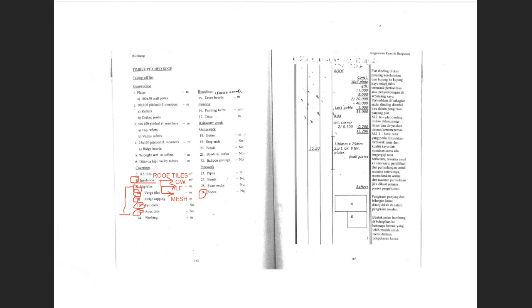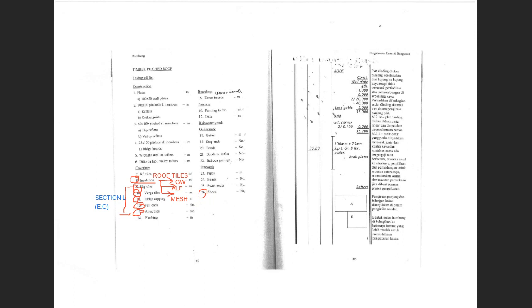You can refer to section L. Okay, but all of this has to be measured as extra over. So please take note and refer to the example. This is a very simplified version of the taking off list. But if you need to prepare your own taking off list according to our next studio, make sure you write down EO or extra over for hip tiles, extra over for verge tile, extra over for ridge capping, and so on.